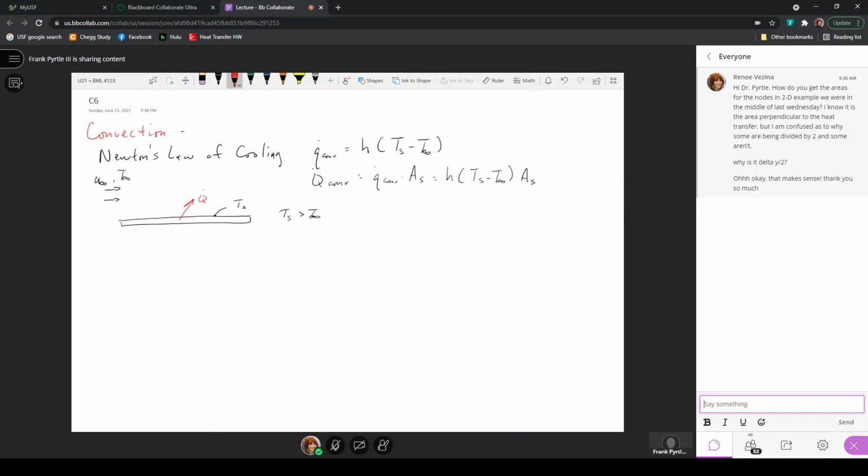Now, when this fluid is moving, let's say the wind is blowing or a fan is blowing, or if this is liquid where we're using a pump to move fluid over a surface, this is what we would call forced convection.